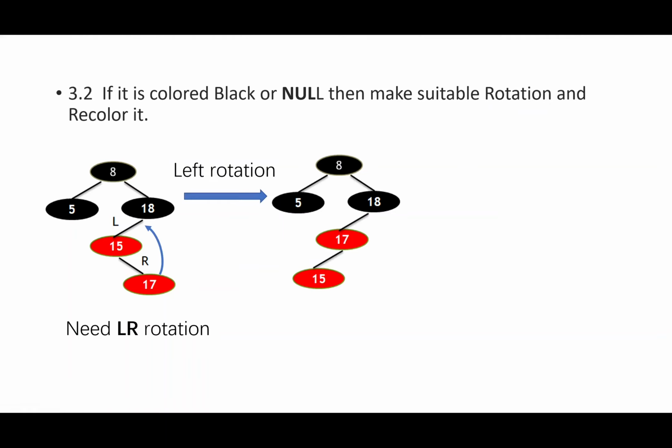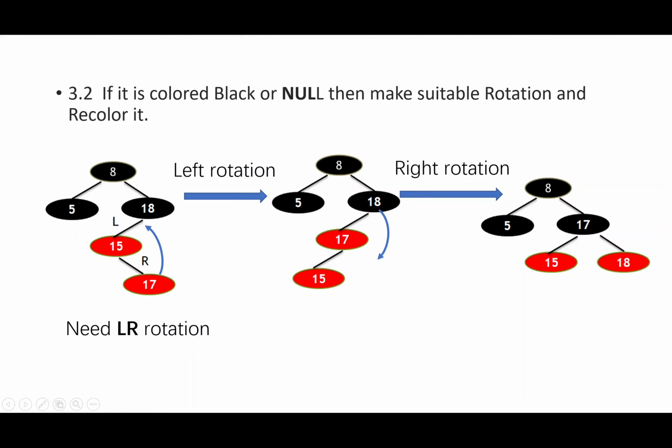For this rotation, we see this is LR type, so we will do two rotations. First, we rotate this to between them, and then we rotate this to become the right child. And we also recolor this node to black.